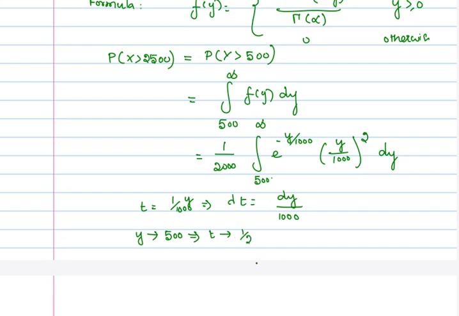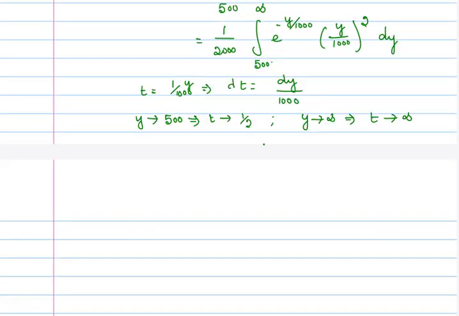Simply apply this value. Then y tends to infinity, t also goes to infinity. So we get 1 over 2 times the integral from 1 by 2 to infinity of exponential of minus t times t square dt.